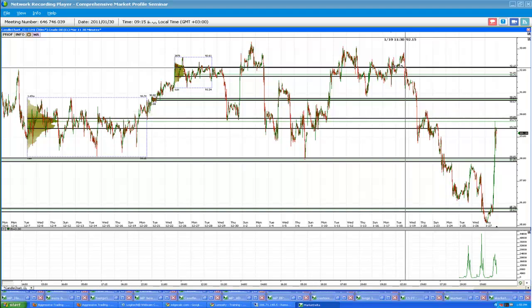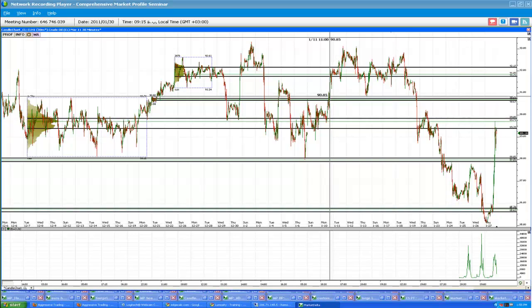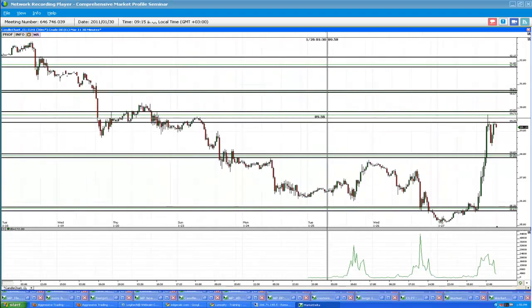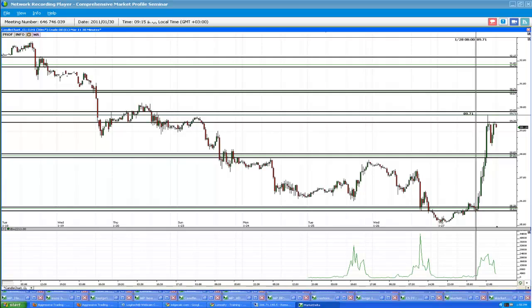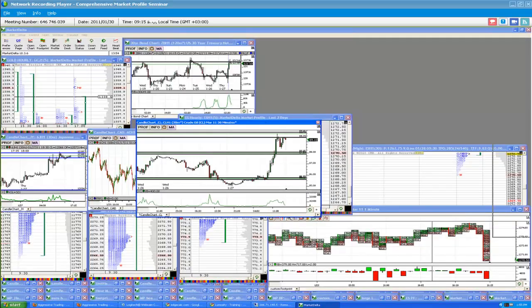If we can't get through this area, then it's likely we go back down and test 85. So it's something I can't make a decision on right now. I want to see what happens if we get a test to here. We'll look at it when it opens. So that's an example of practical trading information that comes out of understanding theory.